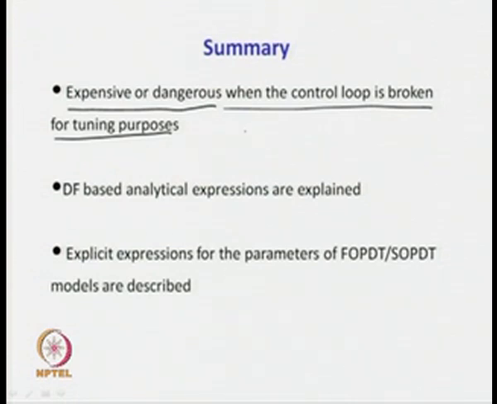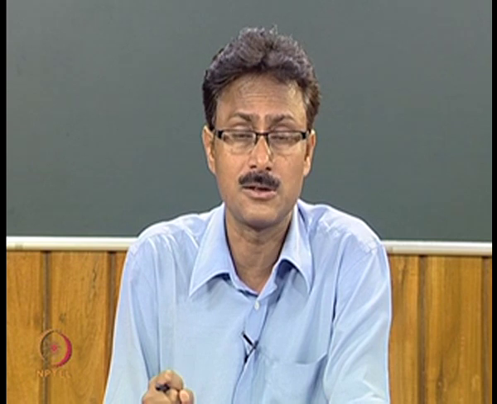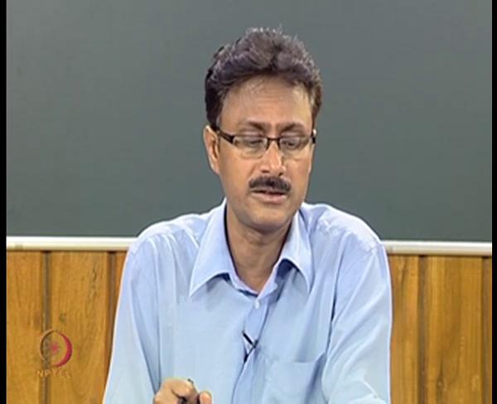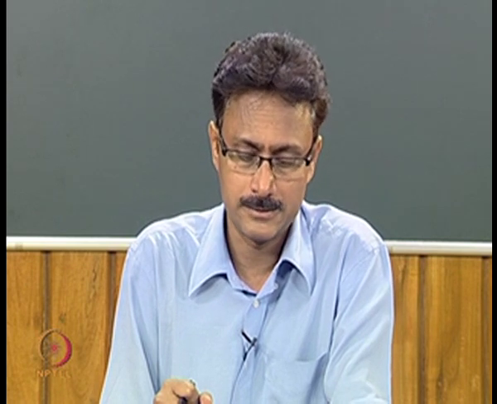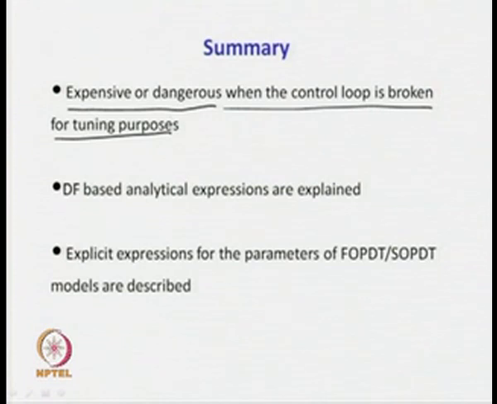That when you are doing offline identification, there is no controller in the loop, and to operate a system or process or plant with no controller in the loop is often dangerous. So, that is what I mean by this: not only expensive, it is also hazardous to perform a relay test in the absence of a controller.